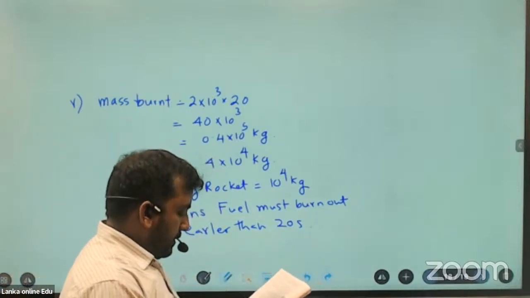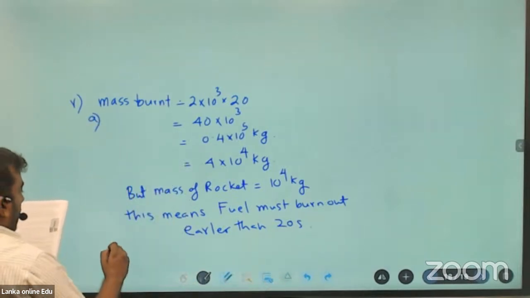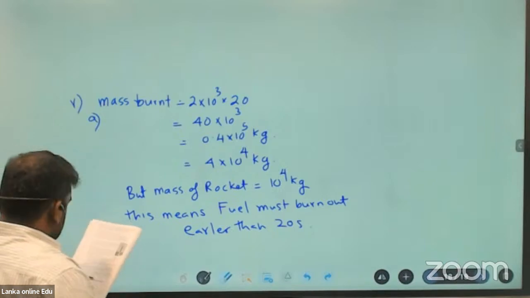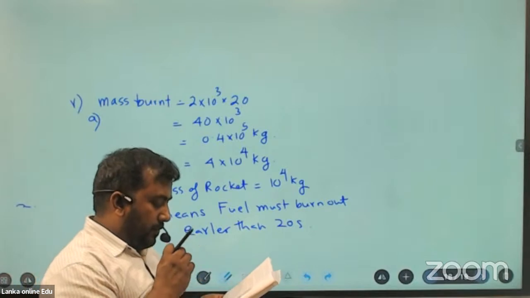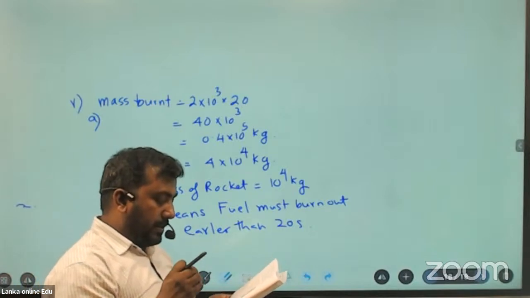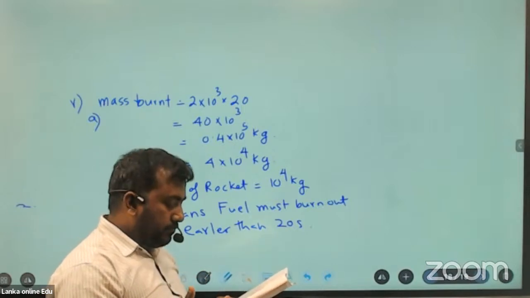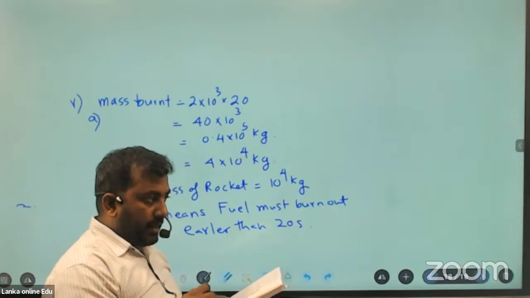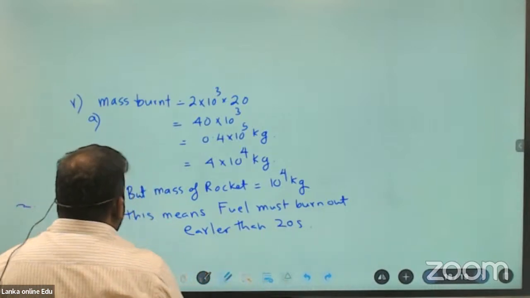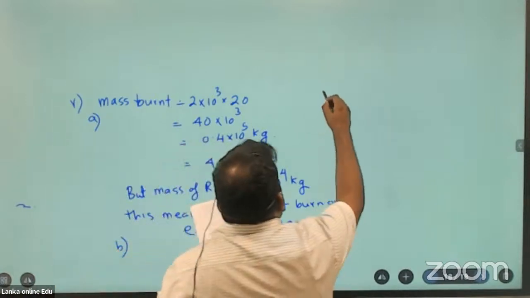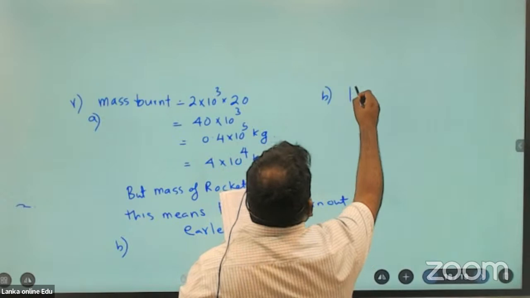Now, actually, because this part A is done, part B, there's a typing error there. It should be find the acceleration of the rocket at the instant when the thrust force is equal to the weight. Since it's not given, I gave marks for that. But anyways, if I do it for y'all, correct it there. Thrust force equals weight.